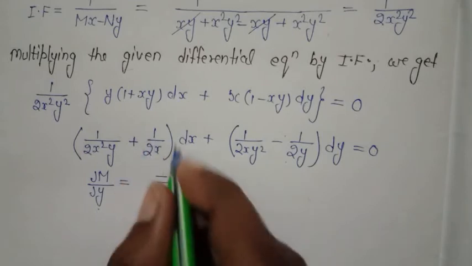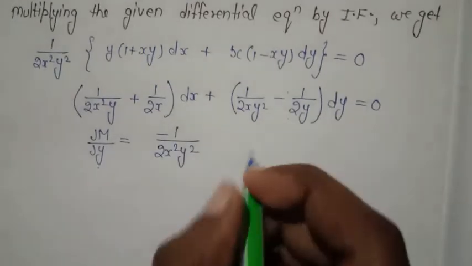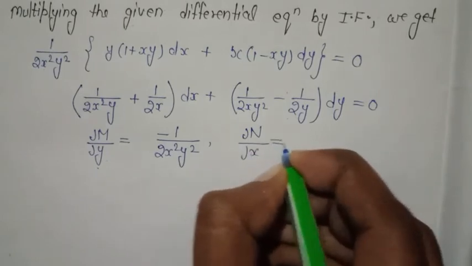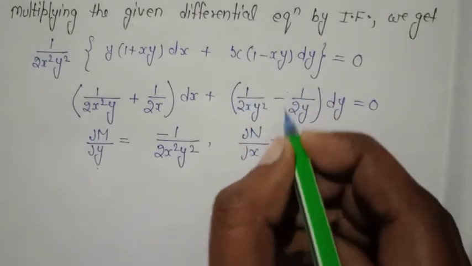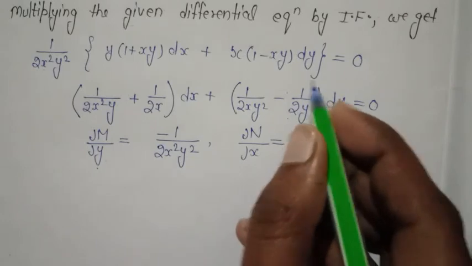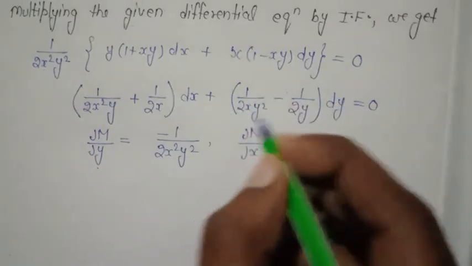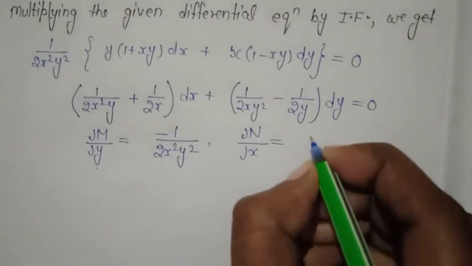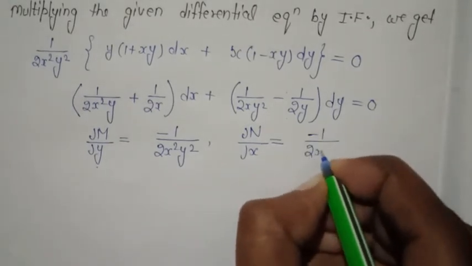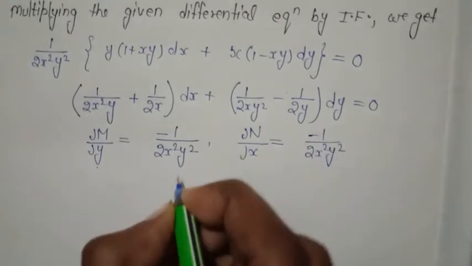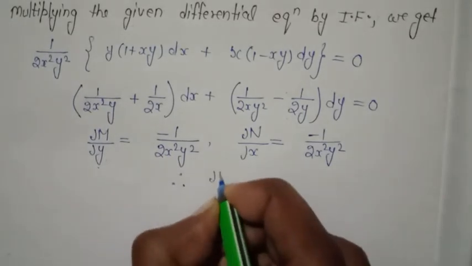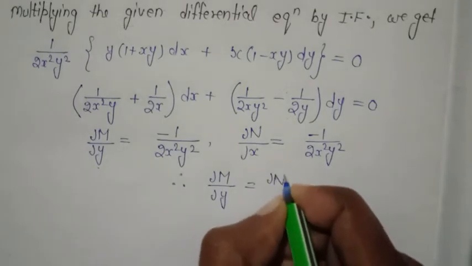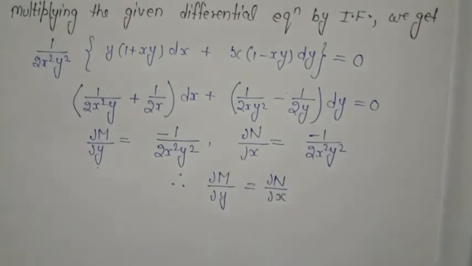And if we check ∂N/∂x, there are no terms of x in one term so it becomes 0, and if we differentiate partially with respect to x, we get minus 1 upon 2x squared y squared. So you can see now the condition of exactness is satisfied. So the equation got reduced into the exact form.